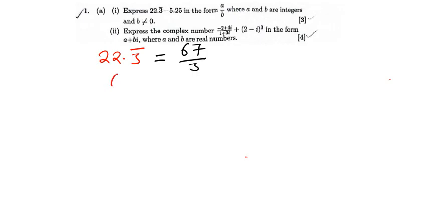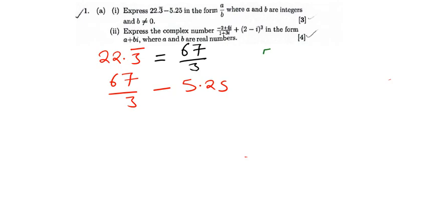So we can now have 67 over 3 minus 5.25. Now we'd have to convert 5.25 as well to a fraction, which I believe you're able to do. We just have to move the decimal how many times? Twice, 1, 2.